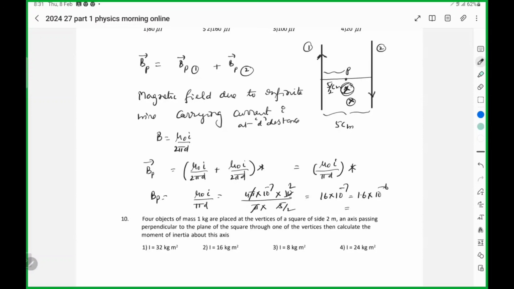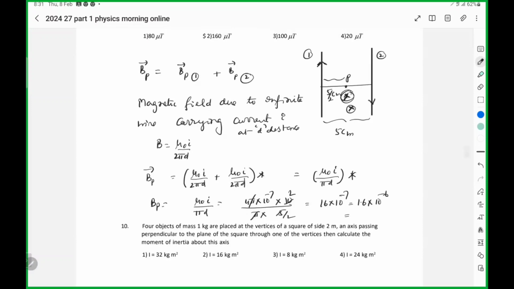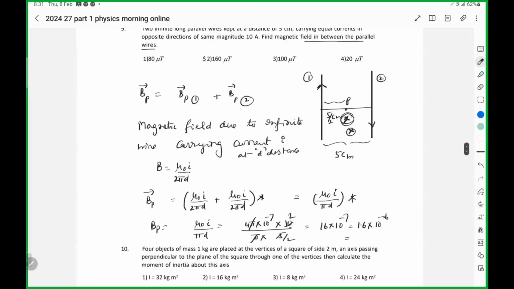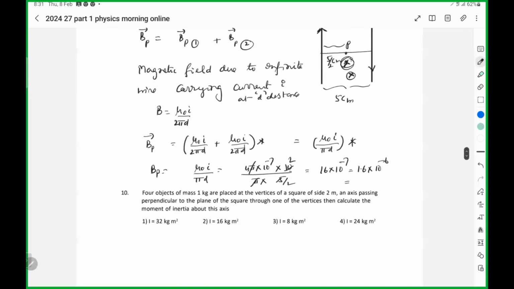Oh, sorry. Here the distance is also given in centimeters, so divide by 100. Then we can write here into 100. 16 into 10 power minus 5 or 160 into 10 power minus 6. 160 micro tesla.